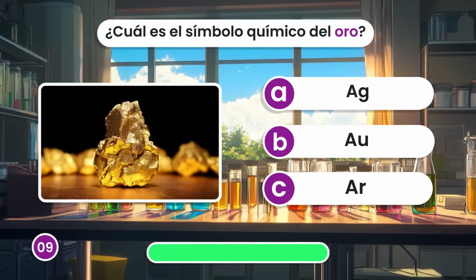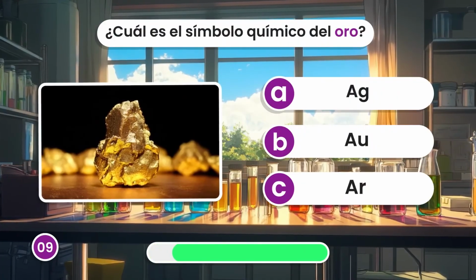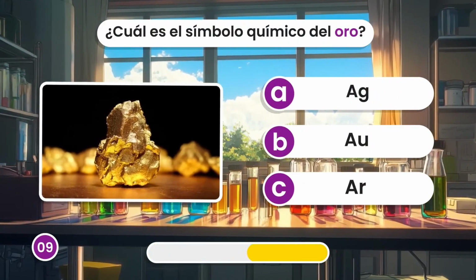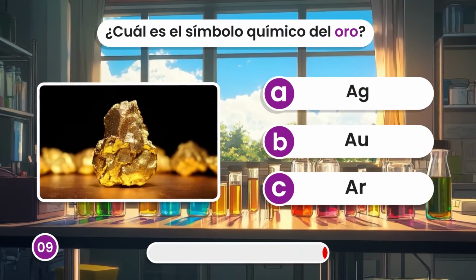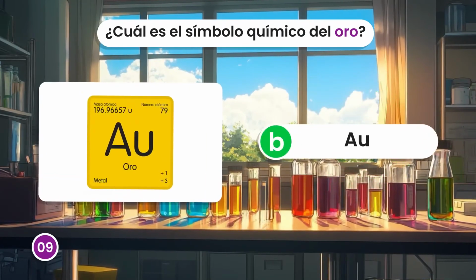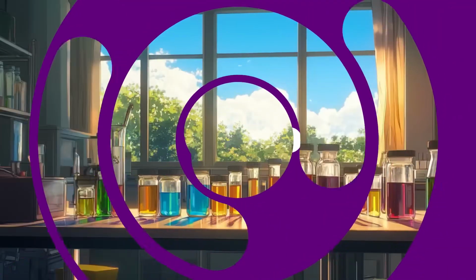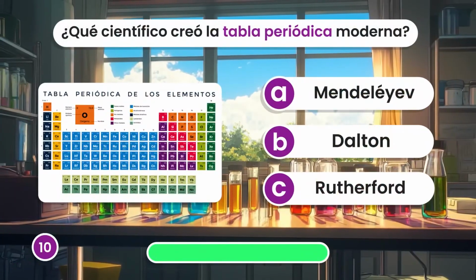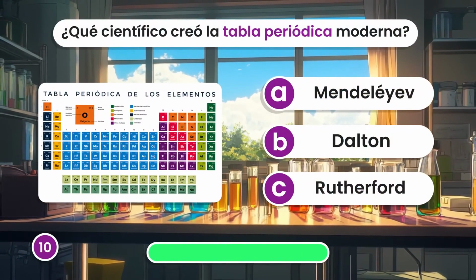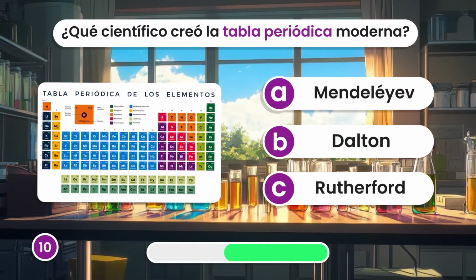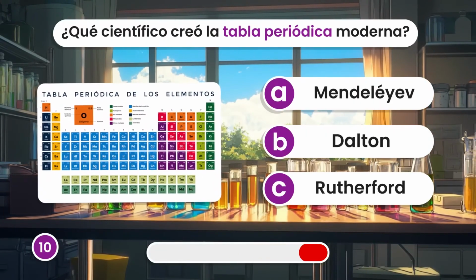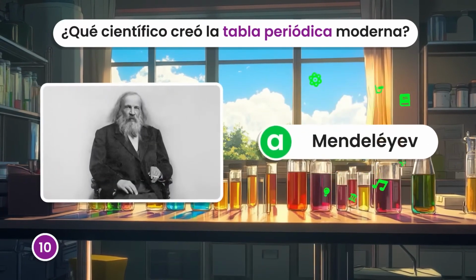What is the chemical symbol for gold? Which scientist created the modern periodic table? Dmitry Mendeleev.